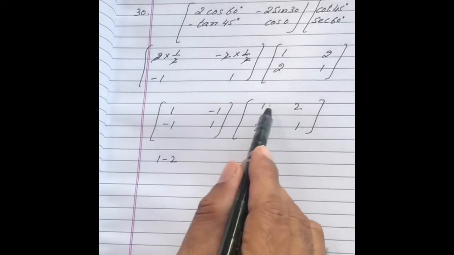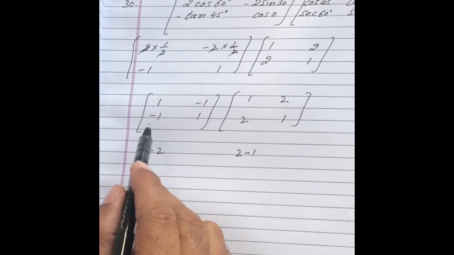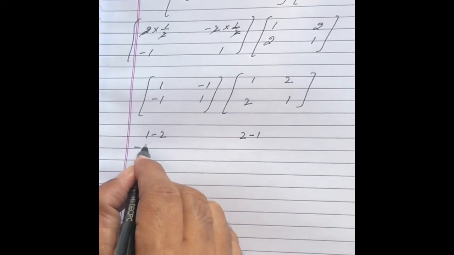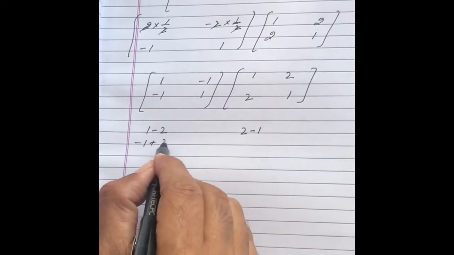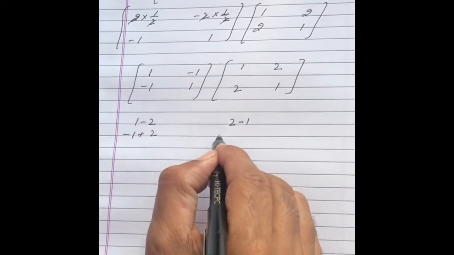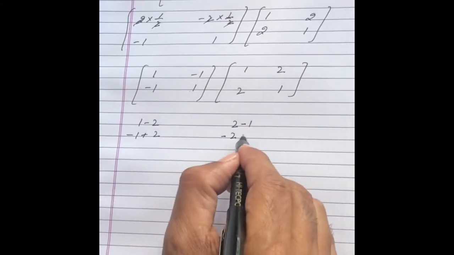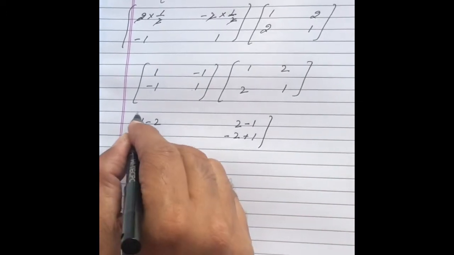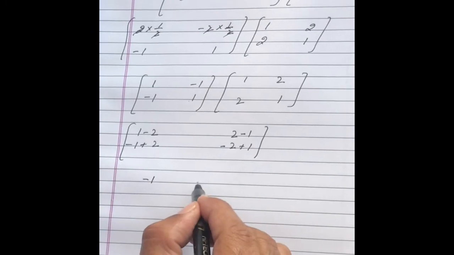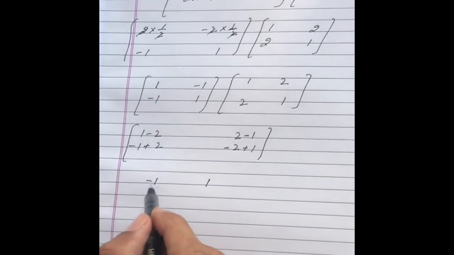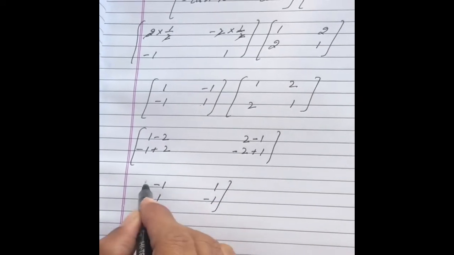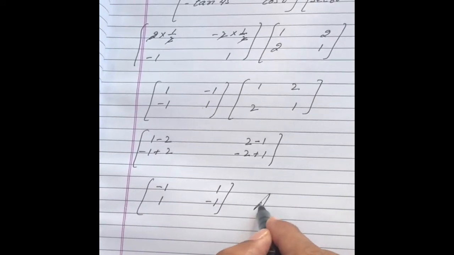Then second row, first column: minus 1 into 1, minus 1, 1 into 2, 2. Then second row, second column: minus 1 into 2, minus 2, 1 into 1, 1. So 1 minus 2 is minus 1, 2 minus 1 is 1, minus 1 plus 2 is 1, minus 2 plus 1 is minus 1. This is the answer.